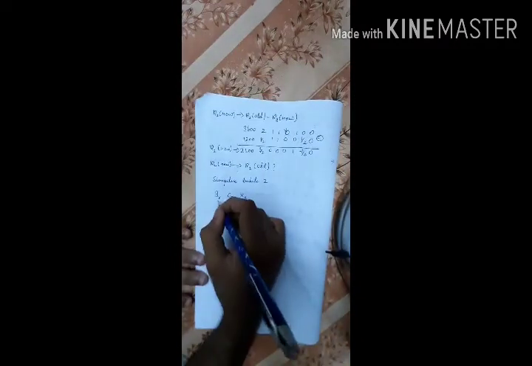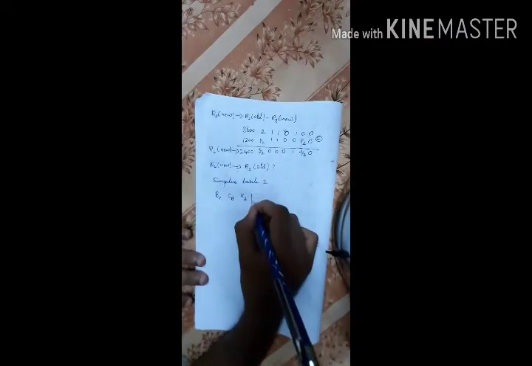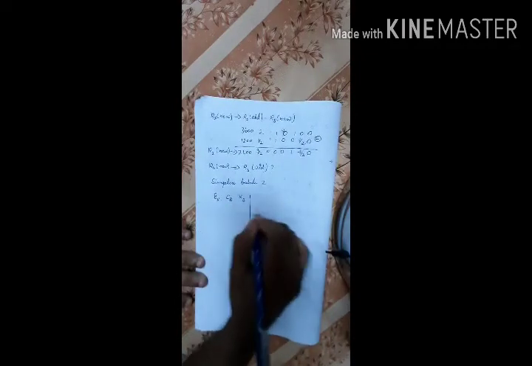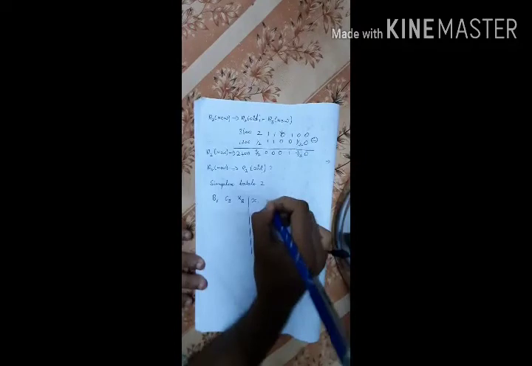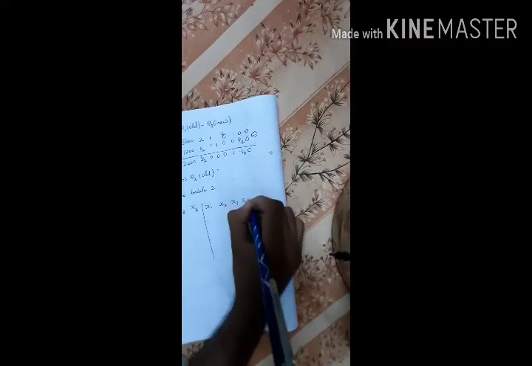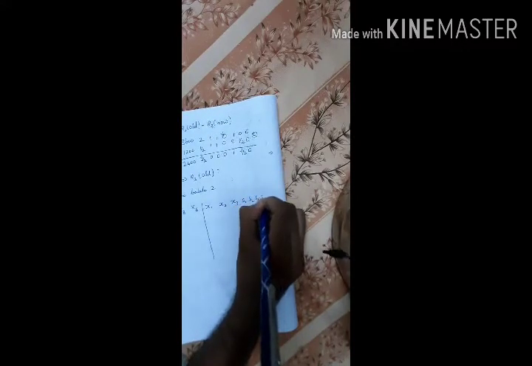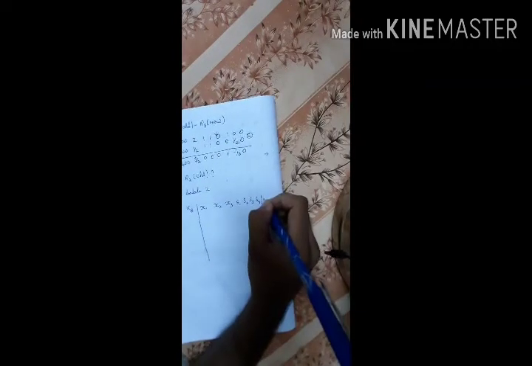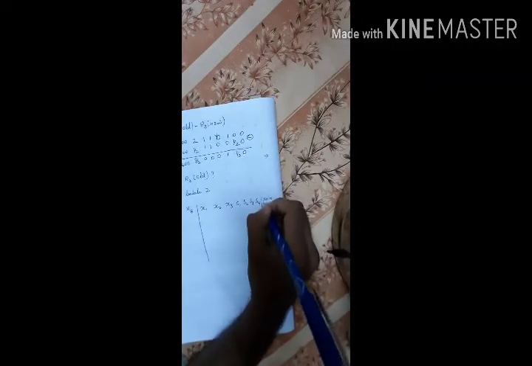So here: VB, CB, XB, X1, X2, X3, S1, S2, S3, S4, minimum ratio.